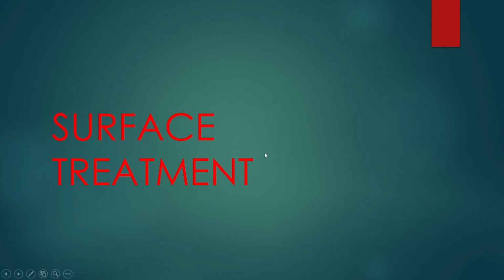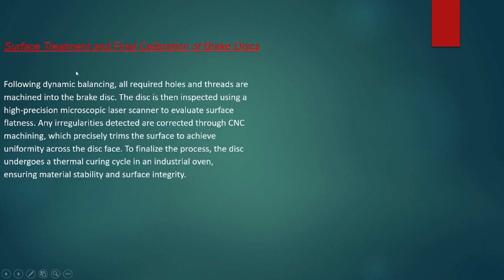So everyone, my part is about surface treatment. Following the dynamic balancing, all required holes and threads are machined into the brake disc. The brake disc is then inspected using a high precision microscopic laser scanner to evaluate surface flatness.